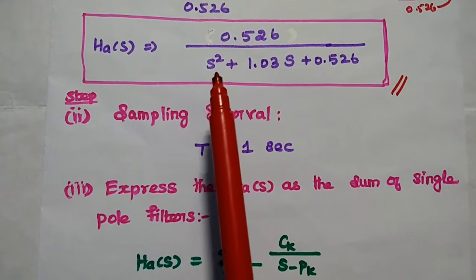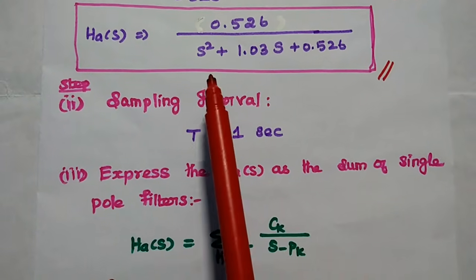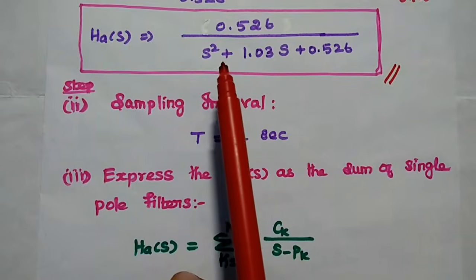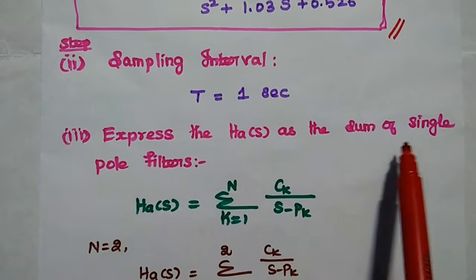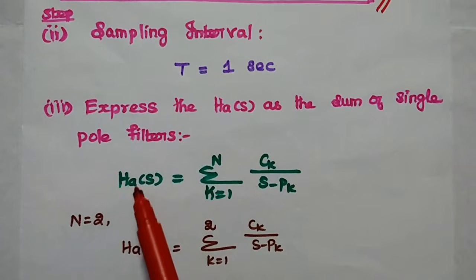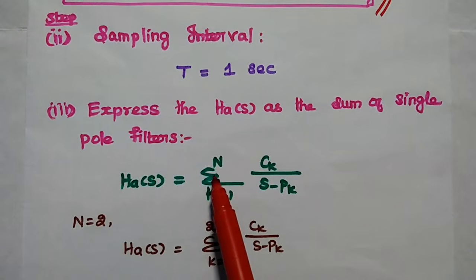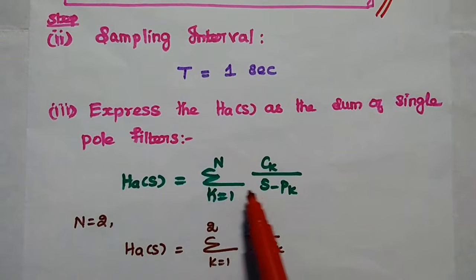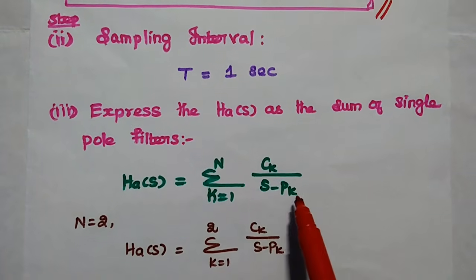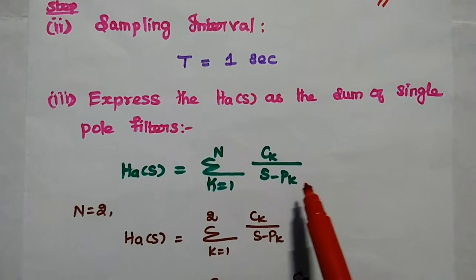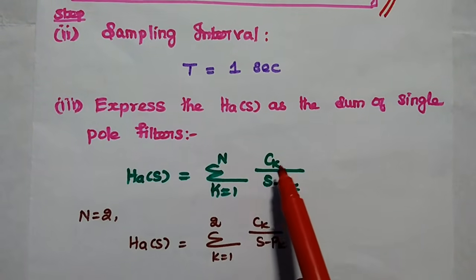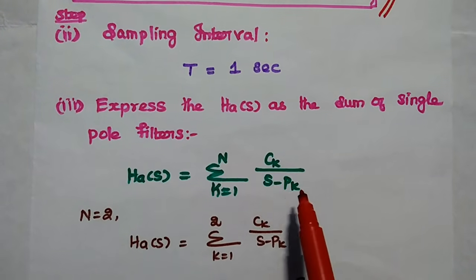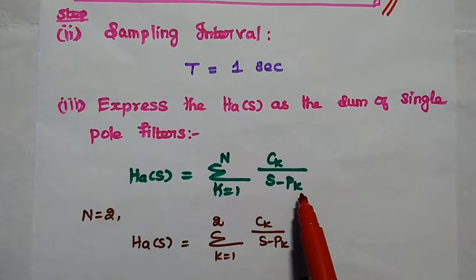So here it is an s squared term. We are going to express this H A of s as the sum of single pole filters like this. That is H A of s is equal to summation k is equal to 1 to capital N Ck divided by s minus Pk. Here the Ck is nothing but the coefficient of this filter and Pk represents the pole.